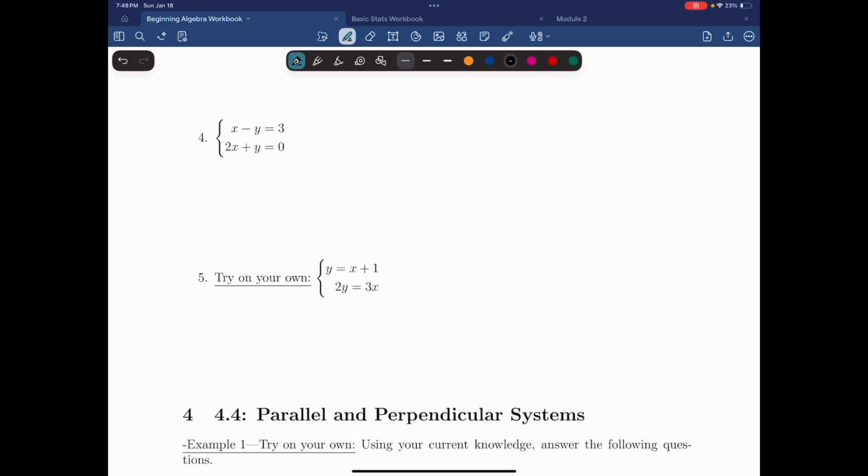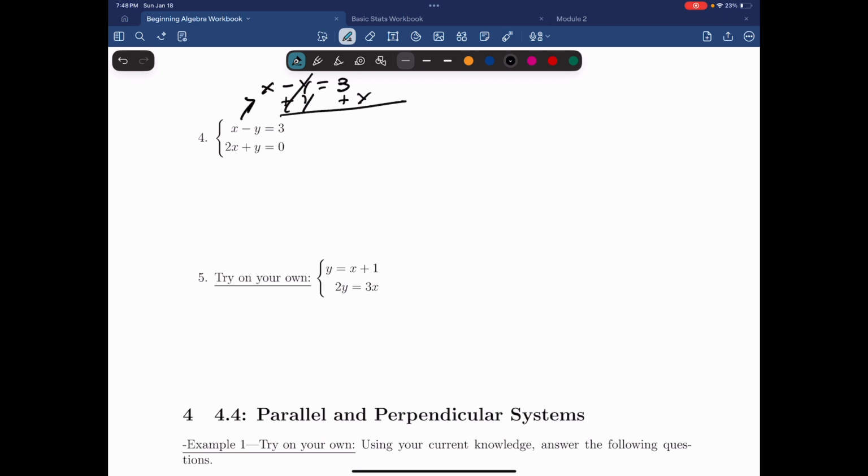So I'm going to take this first equation, x minus y equals 3, and I'm going to set it equal to a variable, specifically x. So to do that, I'm going to bring it up here, x minus y equals 3. To get it set equal to x, I'm just going to simply add y on both sides.